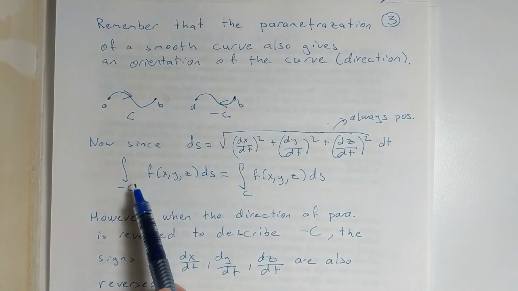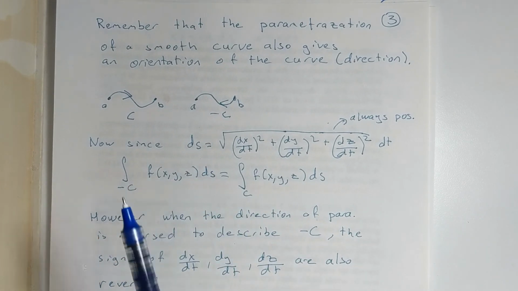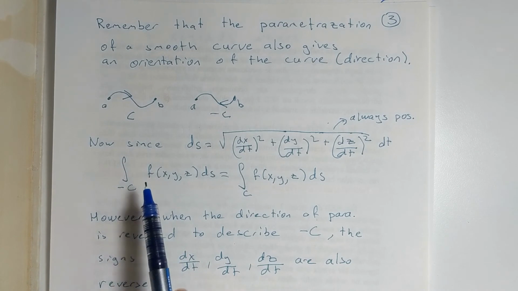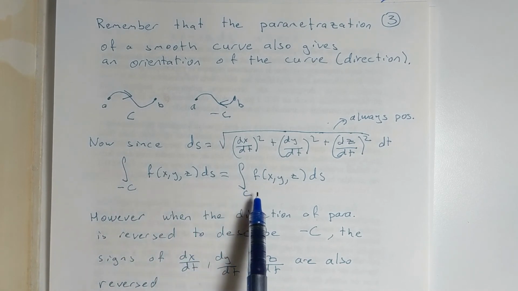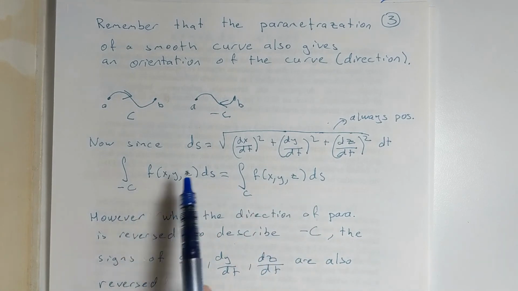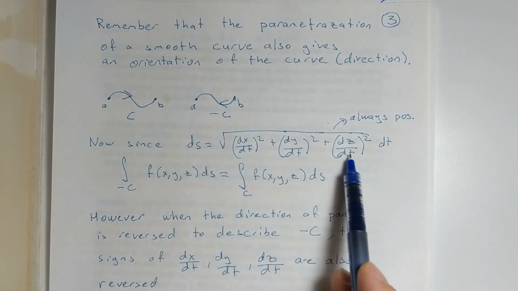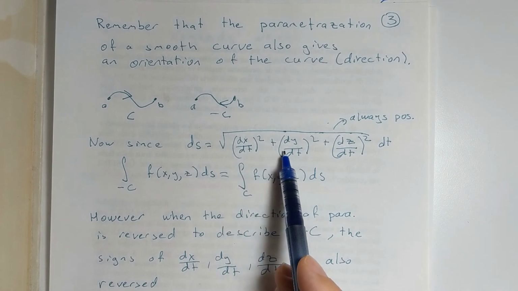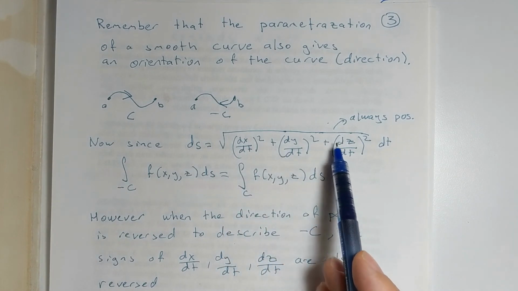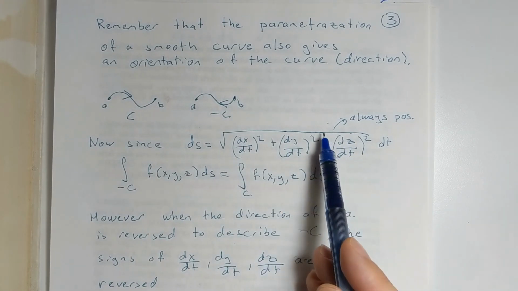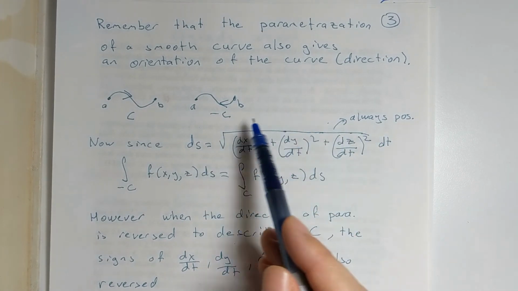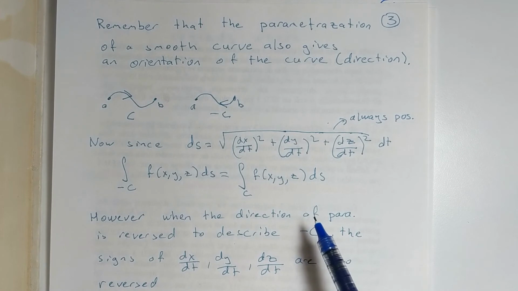Now, when we're talking about the specific line integral, this is not a work integral yet. This is just a good old line integral, f of x, y, z, ds. Well, ds is the square root of (dx/dt) squared plus (dy/dt) squared plus (dz/dt) squared, dt, so the length of it, basically the speed. Remember, because it's a square root, it's always positive.